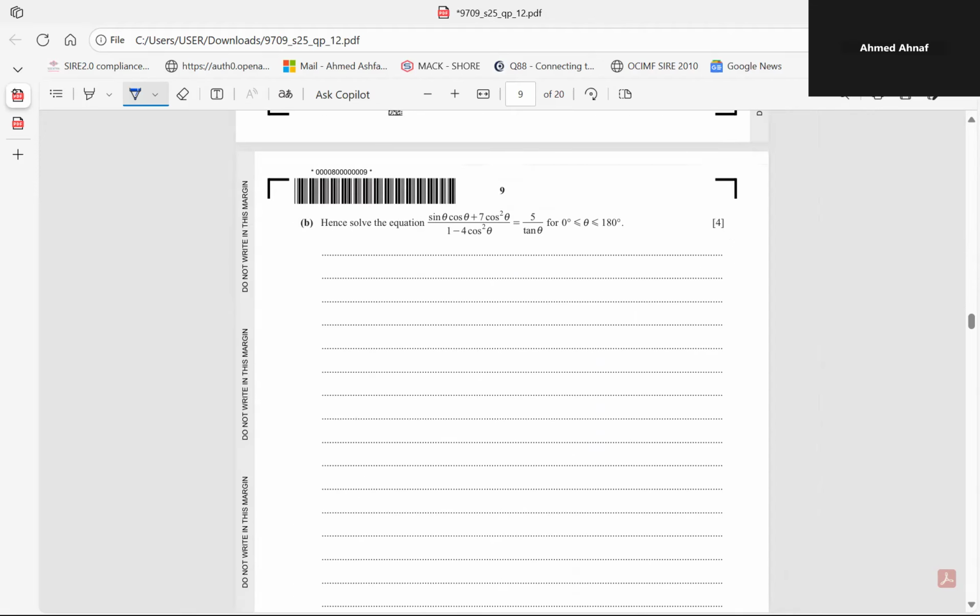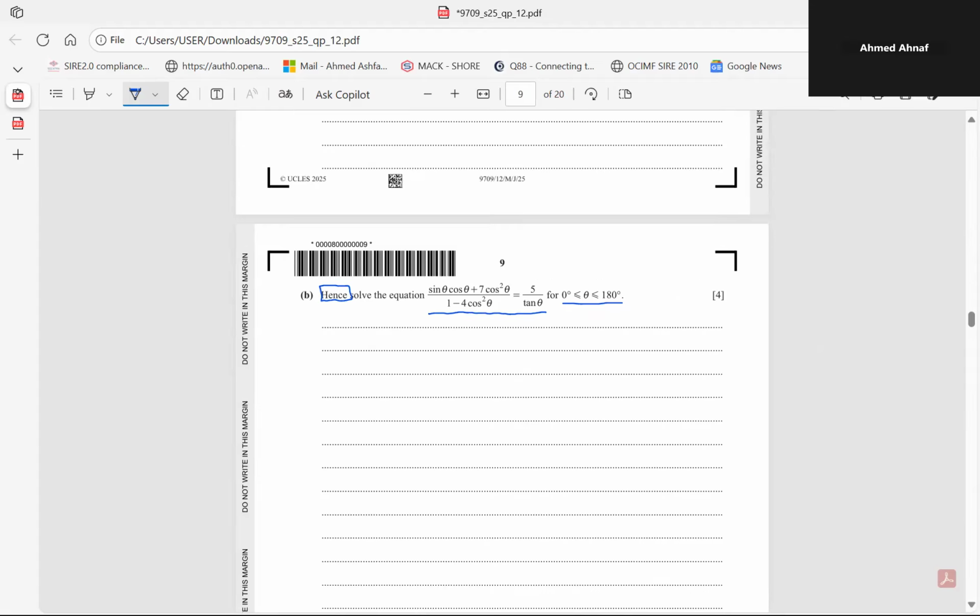Okay, so hence, now we have to solve this equation for this domain that we're given, between 0 degrees and 180. Since we're given the word hence, we have to use the identity that we have proved from the previous part to solve this equation.